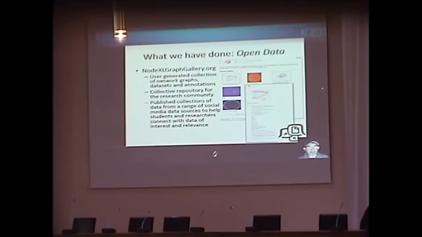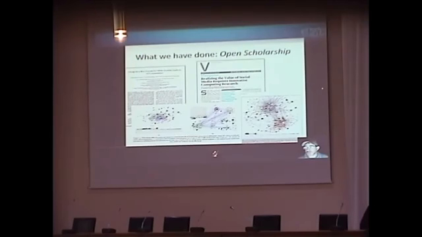So the last of the three goals is open scholarship, and we seek to contribute to both the computer science literature, but also the social science literature. So we're publishing about doing technical tricks that improve the ease of network visualization, but we're also publishing on what we can see when we study social networks through the tool.